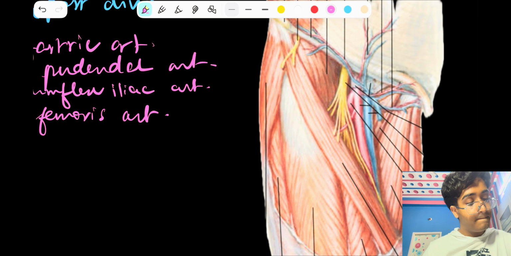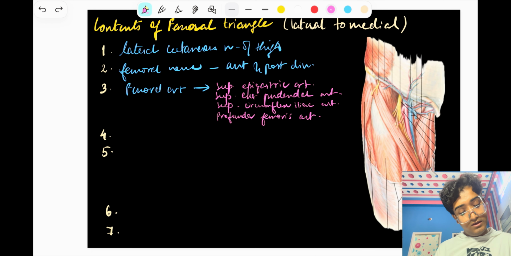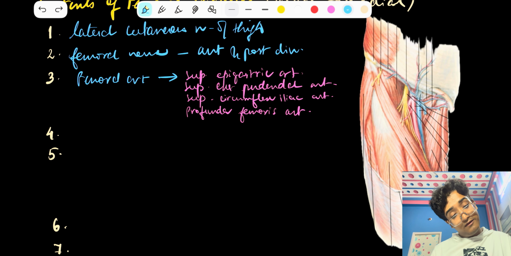See, this one is the profunda femoris artery. Next we have the femoral branch of the genitofemoral nerve.